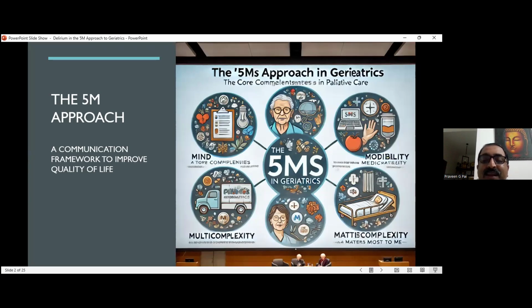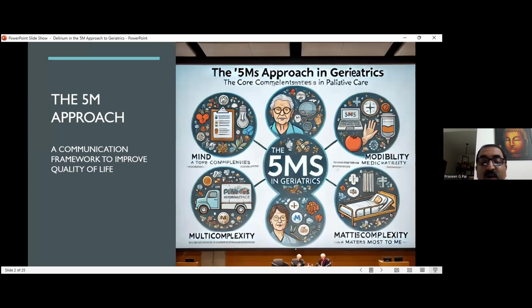These are the core pillars, which we don't actually see individually. All these pillars have to be there in our mind, in all the communication framework or planning framework or preparing a care plan, whatever we do. That's the main concept.